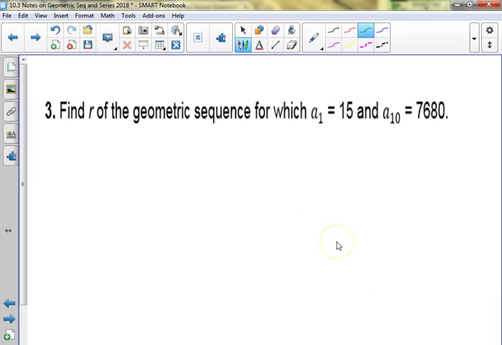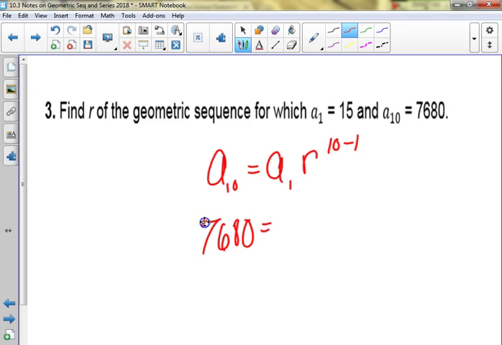Find R. Now what? Anybody describe this to me? If I wanted the 10th term, I took the first term times r how many times? 9 times. So this term is 7680.